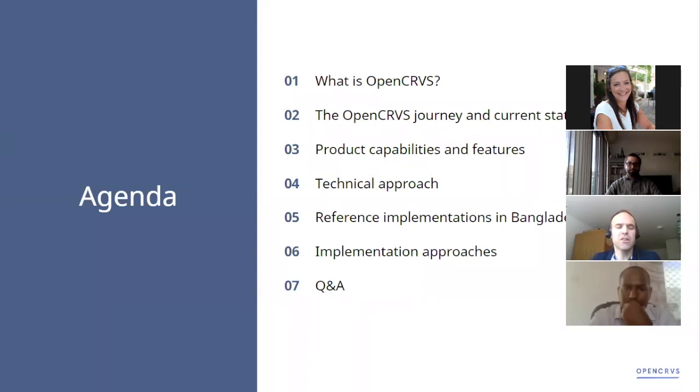To bring it to life, we will then share briefly some reference implementations, some of the work we've been doing with the government of Bangladesh and a proof of concept in Zambia. And then finally, we'll finish up with some work we've been doing on implementation approaches and how countries can get the most out of OpenCRVS.